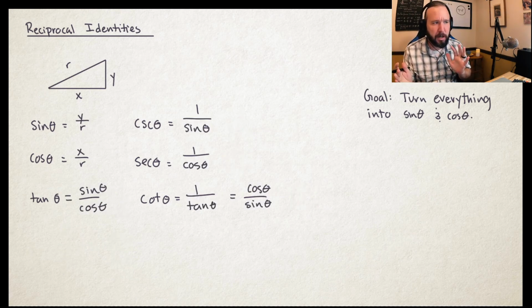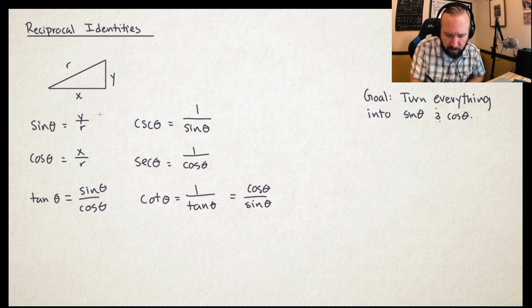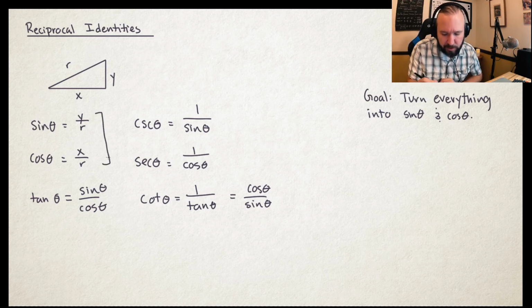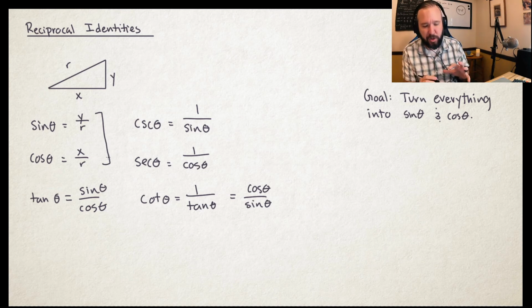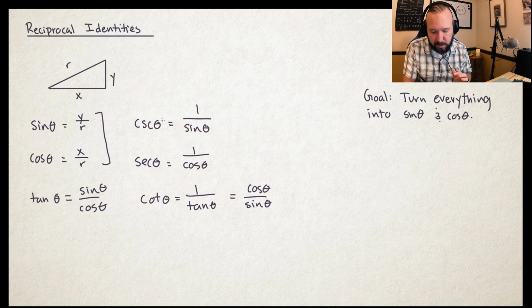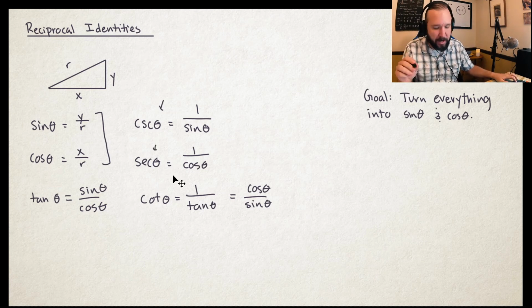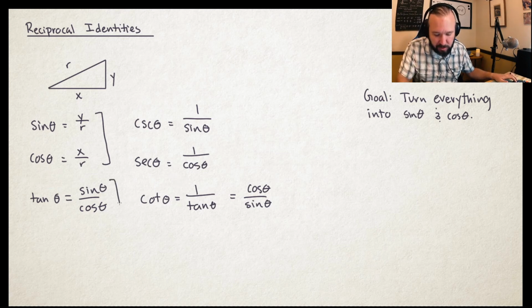Okay, so here they all are, all the reciprocal identities broken down. Sine and cosine, I just like to think of them as the basic objects. And then tangent, cosecant, secant, and cotangent, I break those all down back into sines and cosines. So tangent is sine over cosine.